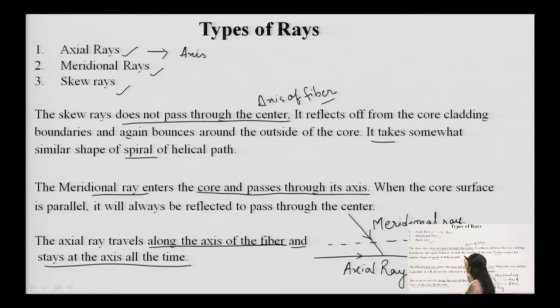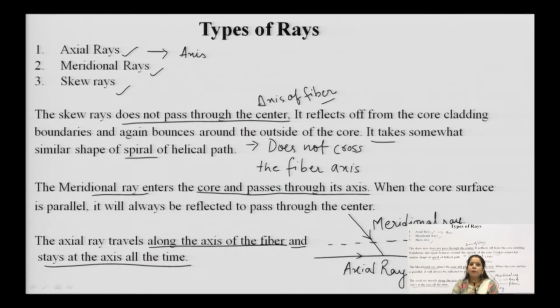So, what is the difference? They do not cross the fiber axis. The basic difference between the different types of rays is as follows. The axial ray travels parallel to the axis of the fiber.